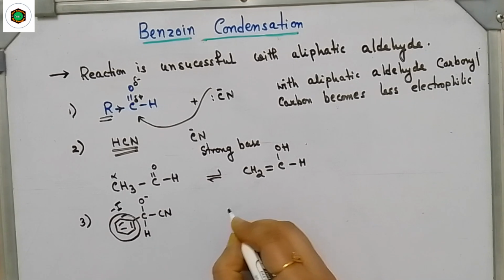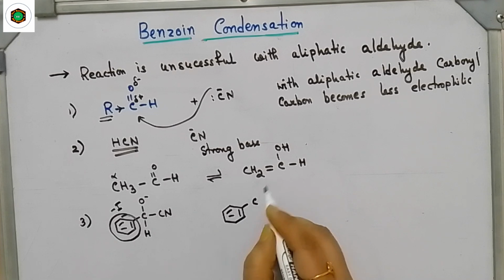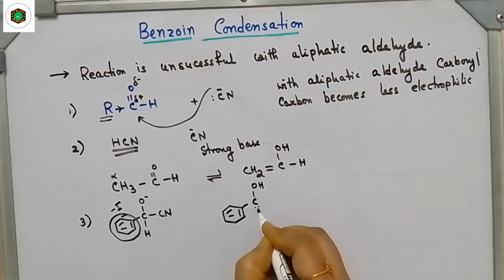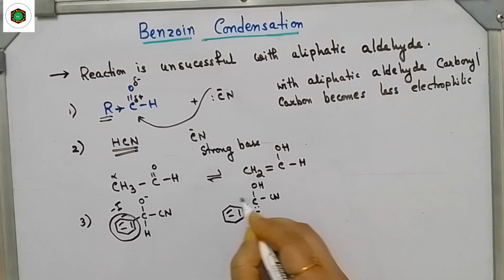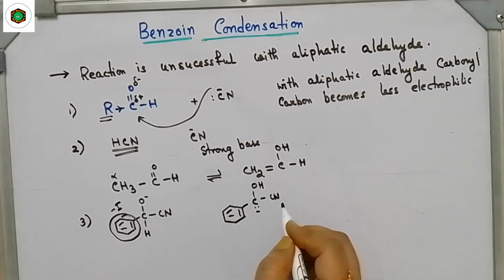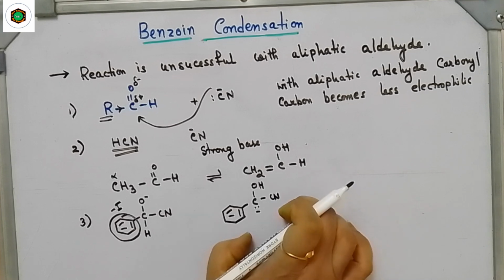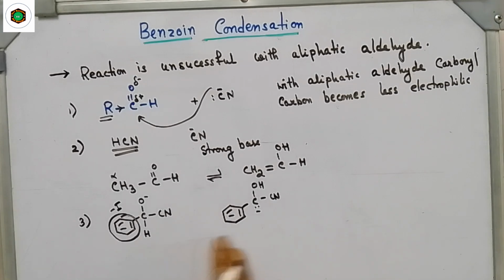Or you can say whatever carbanion we get after migration of H plus is stabilized by resonance from both sides. So this is more stable, and this step will take place smoothly if an aromatic ring is present. So due to these three reasons, the reaction takes place successfully with aromatic aldehydes.